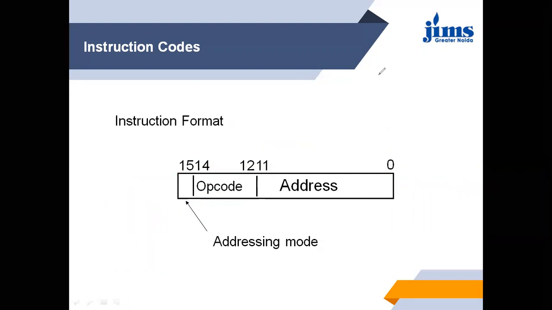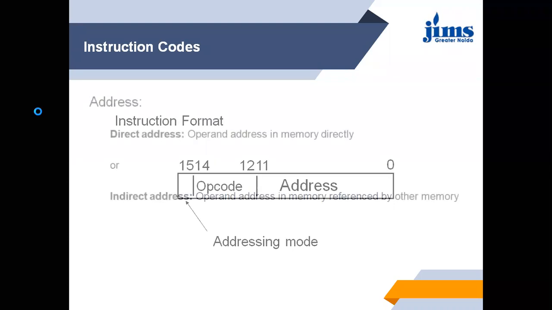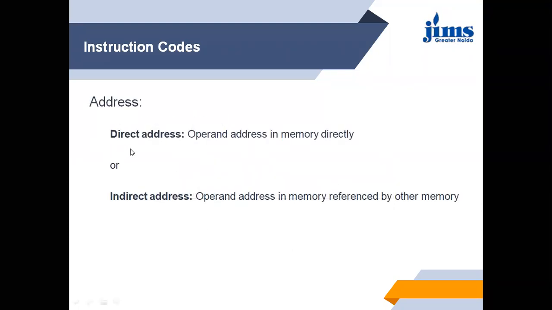Now in the next slide, this is the addressing mode. As I was telling you, in direct addressing the address that we give holds the content or the opcode in that particular memory.